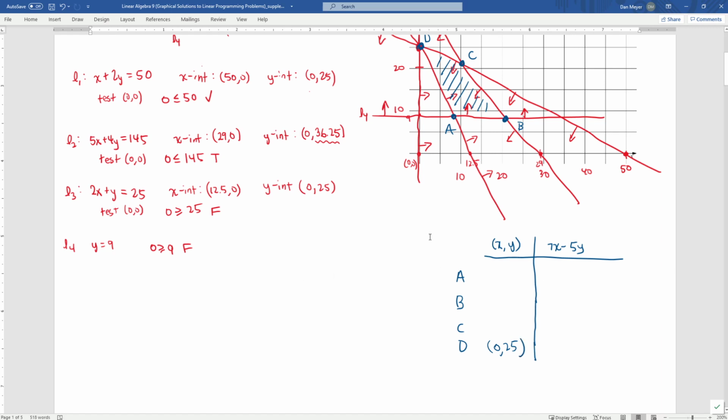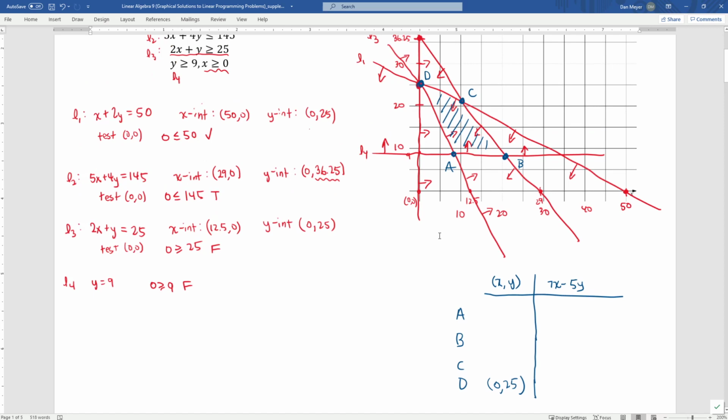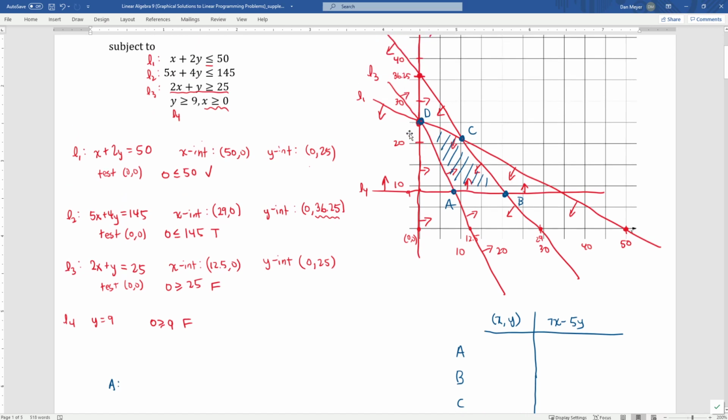Okay. Now the other ones, I think we're going to have to set up some systems of equations to solve these things. Corner point A, that's where, let's see, there are 2 lines crossing here. It looks like it's line 3 and line 4. Line 3 had the equation 2x plus y is equal to 25.